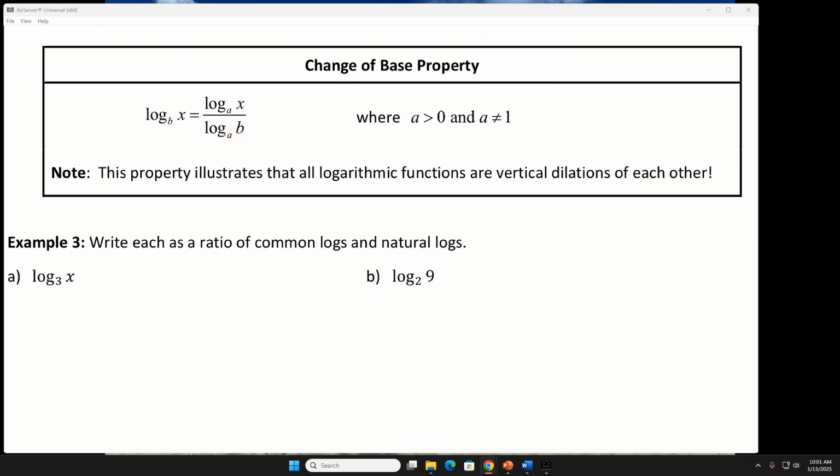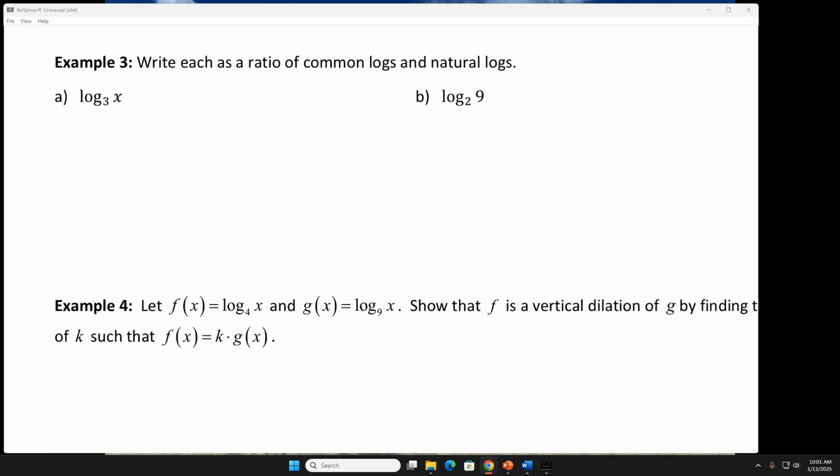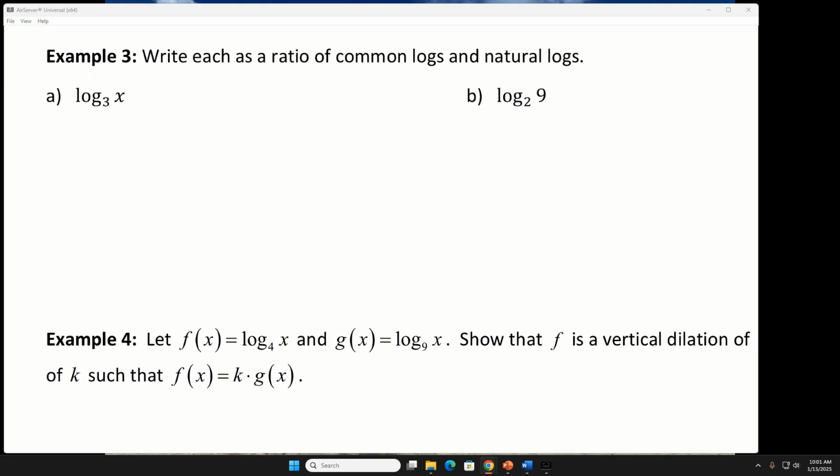And that's how we used to be able to find something like log base 2 of 9. That's what we used to have to do. But the ACT is written in a way that you can do every single math problem without a calculator. So it's nice if you have one because it saves you time, but every single problem can be done without a calculator. And this is one that they like to put on there.